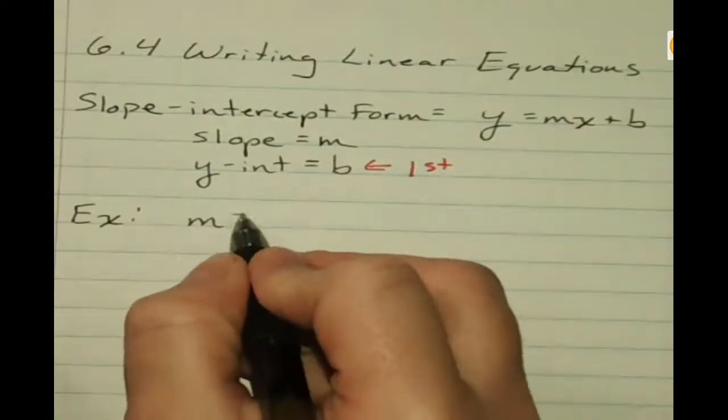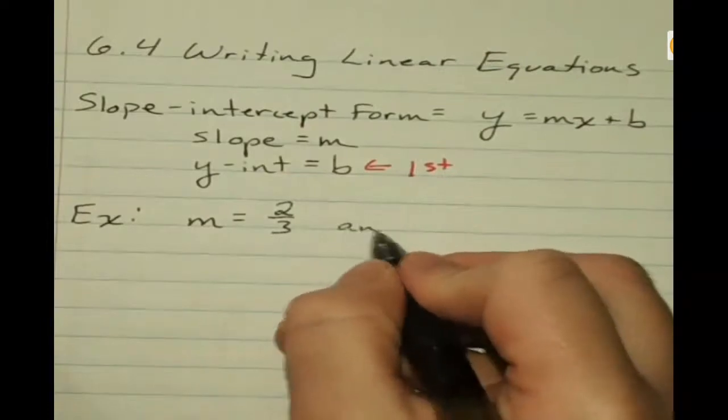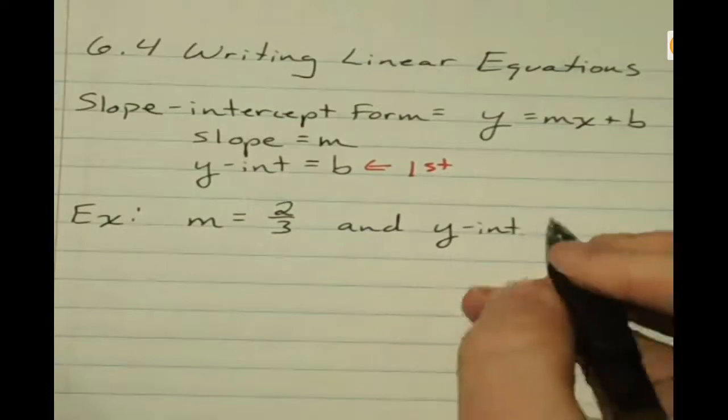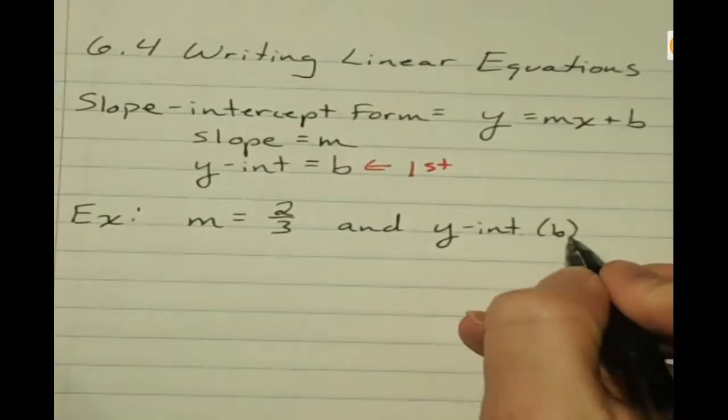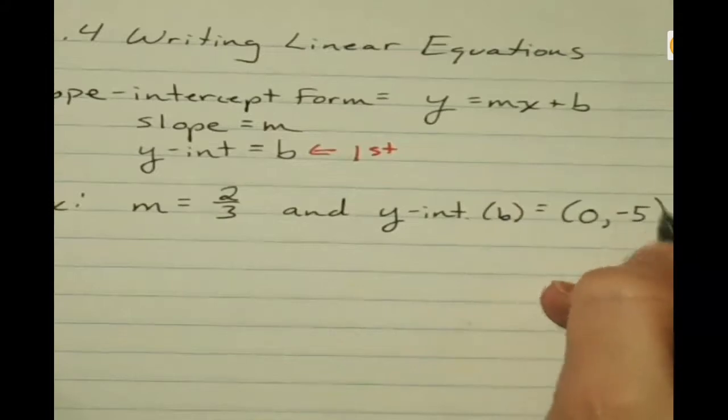Let's say that the slope is 2/3 and the y-intercept, which is b, is (0, -5).